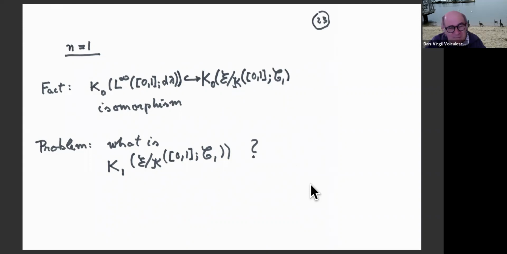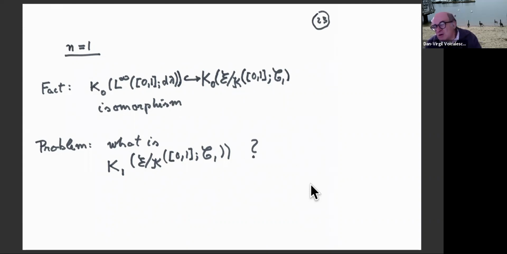Simplest, I'm not sure what to say about what the answer might be. So if I take the manifold to be the interval 0, 1, and I'm taking the K0 of the commutant for 0, 1, what is this?